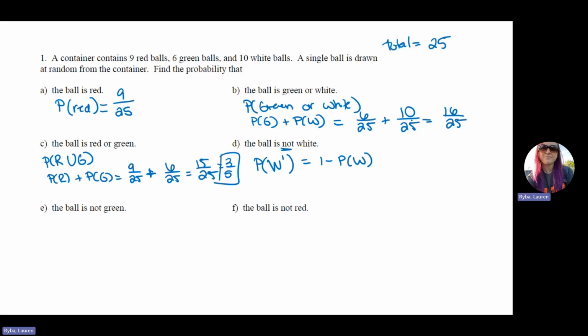White was 10 out of 25, so 1 minus 10 out of 25. If I've used 10 out of 25, how many are left? 15 out of 25, which is the same one back here, right? If it's not white, it has to be red or green. So it should be that 15 out of 25 or that 3/5.